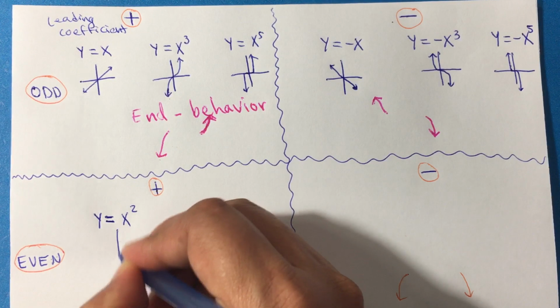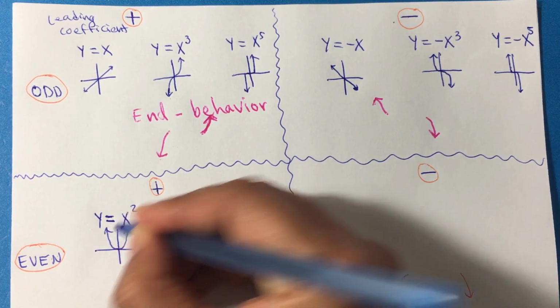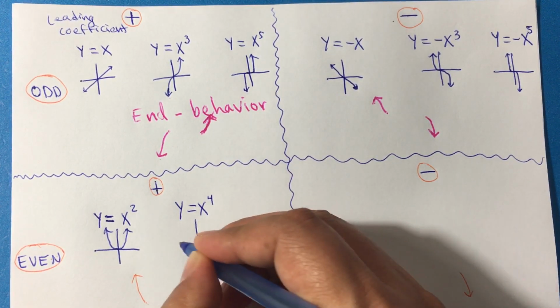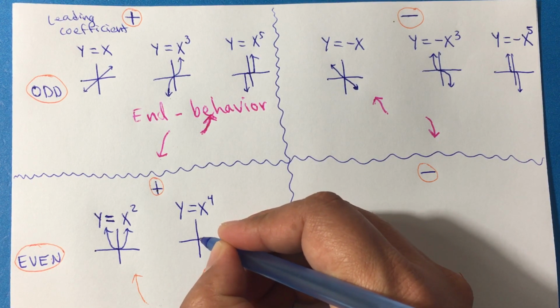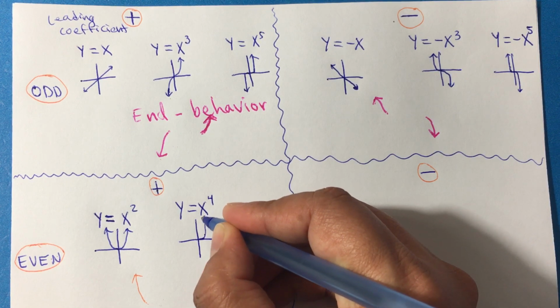So y equals x squared, you have a parabola. Y equals x to the 4th power, you have a parabola that is a little flat, it grows very slowly before 1, and then after 1 it shoots.